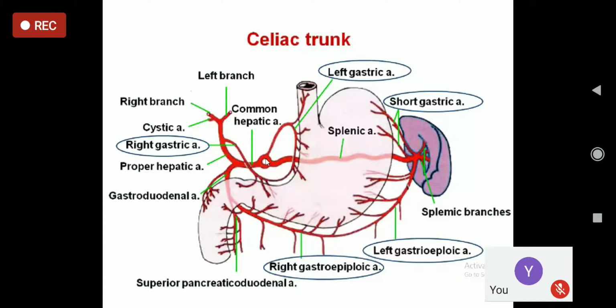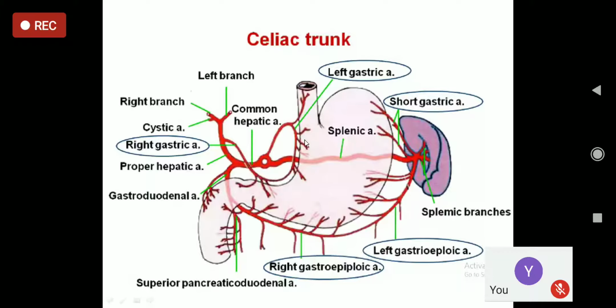If you remember general embryology, isn't it? The stomach is a derivative of the foregut, and the artery for the foregut is the celiac trunk. The artery for the midgut is the superior mesenteric artery, and the artery for the hindgut is the inferior mesenteric artery. Remember this. As the stomach is part of the foregut, obviously it will be supplied by branches of the celiac trunk.